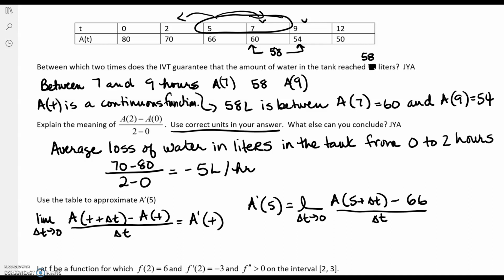So the best approximation of A prime of 5 here would basically be 60 minus 66 over 7 minus 5. So I would get -6 over 2, or -3 liters per hour. And that's how to approximate a derivative given values on a chart.